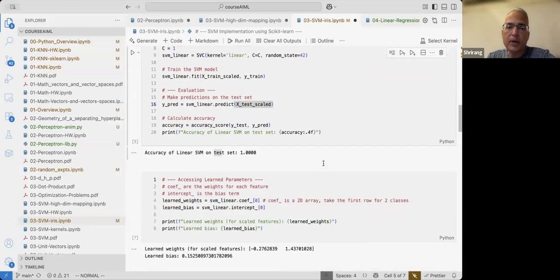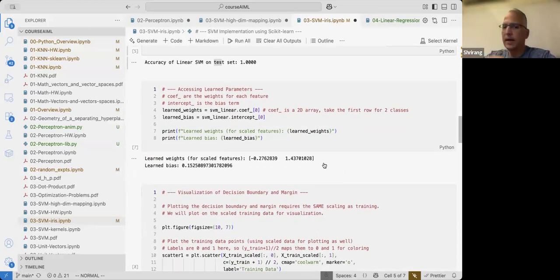Because this is a straight line, I can actually print out the weights and the bias. So this is the W1, W2, and this is my W0, right? I can actually print that out. Once again, is there someone asking a question on this? It's not, okay.